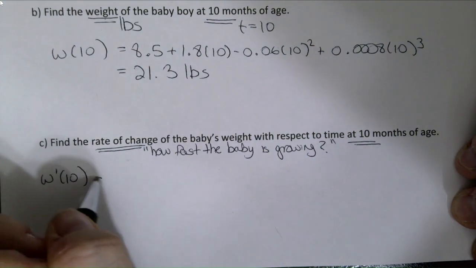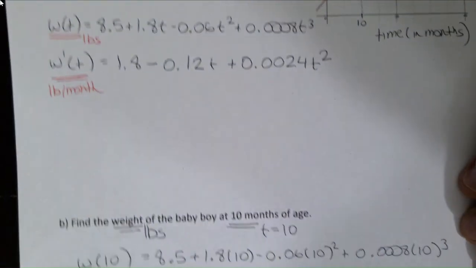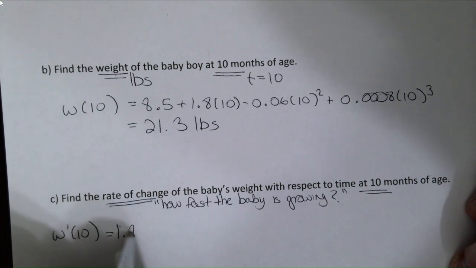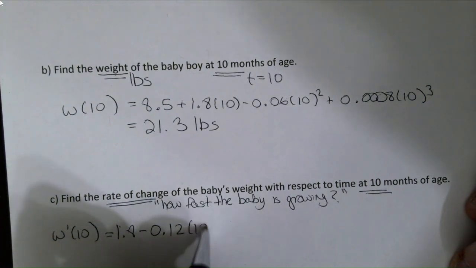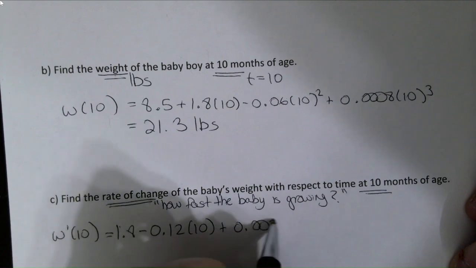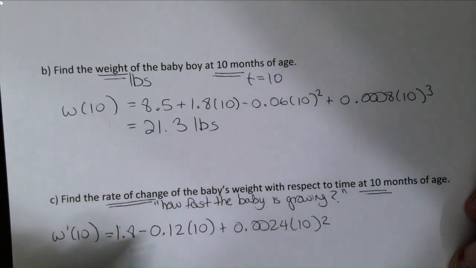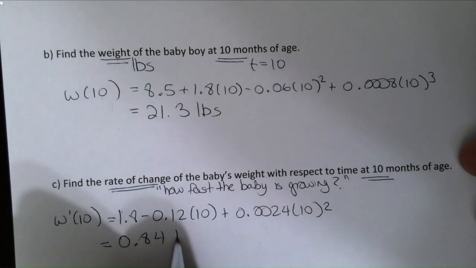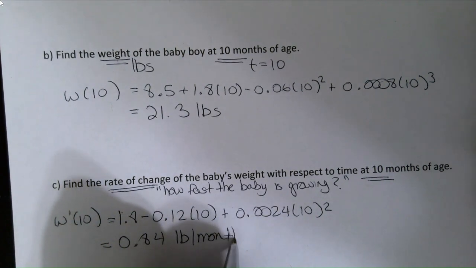So at 10 months, if I go back now to the function that represents how fast the baby is growing by month, and I sub in 10, we can see how fast the baby is growing. So 1.8 minus 0.12 times 10 plus 0.0024 times 10 squared, and we have 0.84 pounds per month.